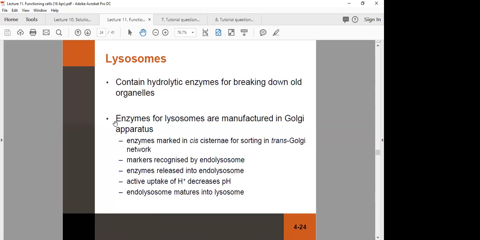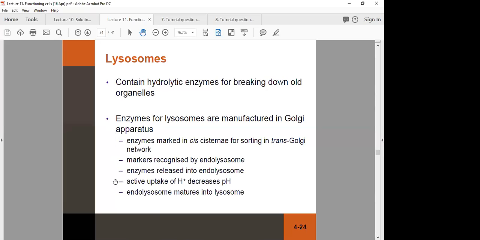The enzymes that are found within the lysosomes are manufactured in the Golgi apparatus. That's where they come from. And another important point here is that the interior of the lysosome actually has a very, very low pH in contrast to the rest of the cell.